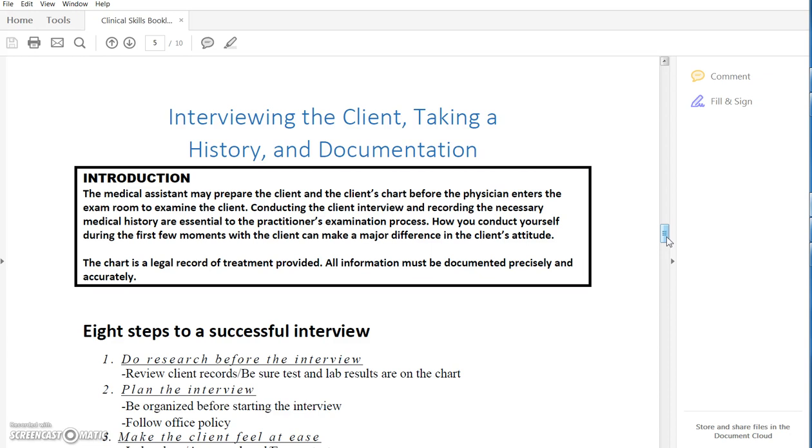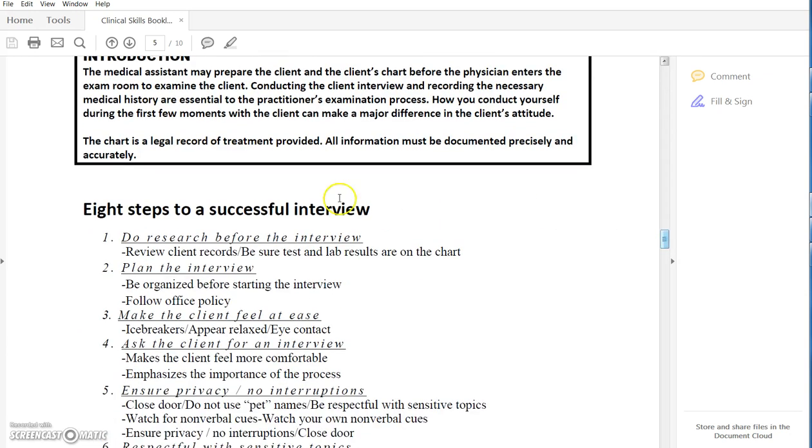As we're aware, most hospital locations, most private offices are equipped in each office with a computer application that will launch into the EMR to record the information that you are telling the client or that the client is telling you as a medical assistant. Remember, a chart is a legal document. All information must be documented precisely and accurately.